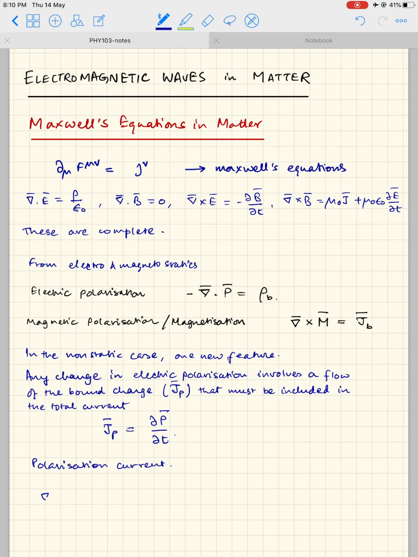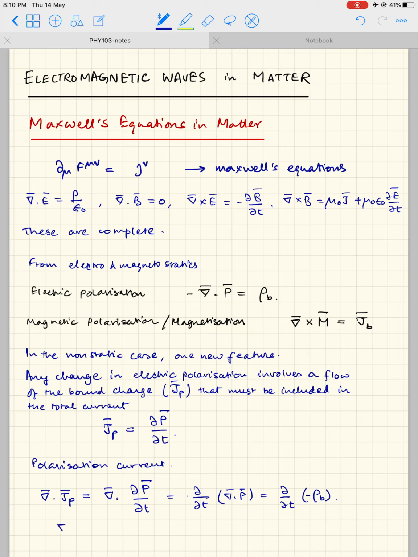Let's look at the divergence of JP. So the divergence of JP is essentially the divergence of, sorry, that's not rho, that's P, del T. So that is minus, sorry, let's do this right, del T of del dot P, which is del T of minus rho B.